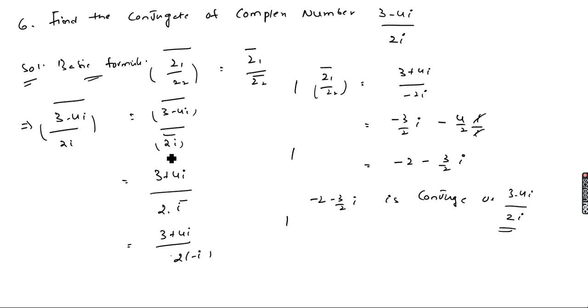So we get 3 plus 4i by 2 into i bar, and i bar is nothing but minus i.